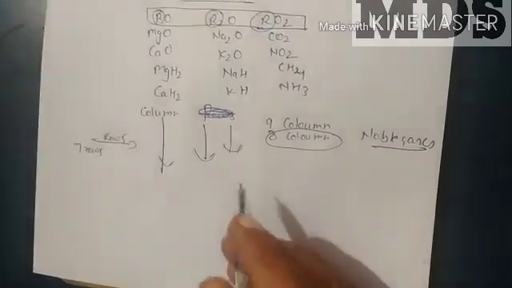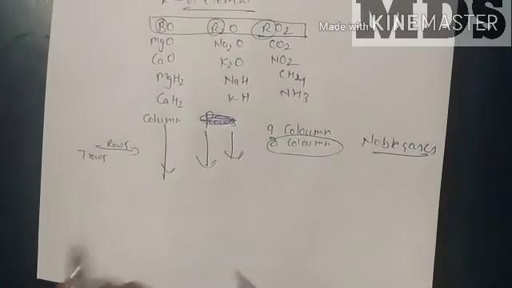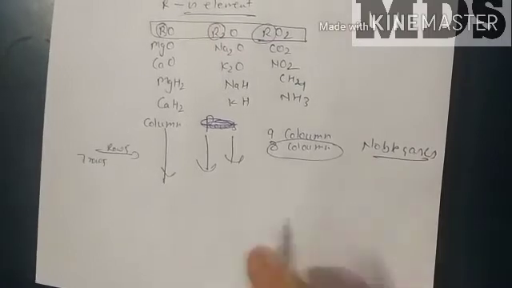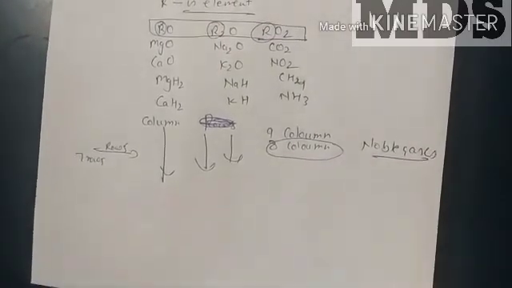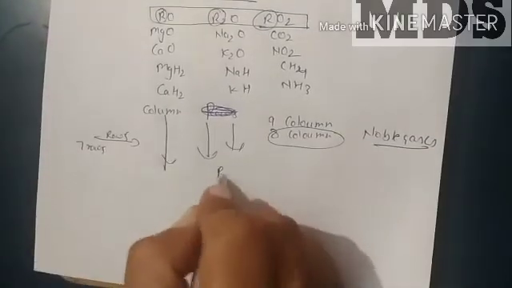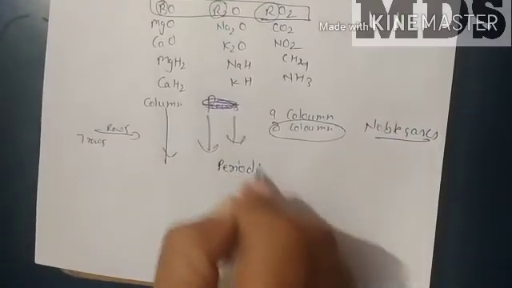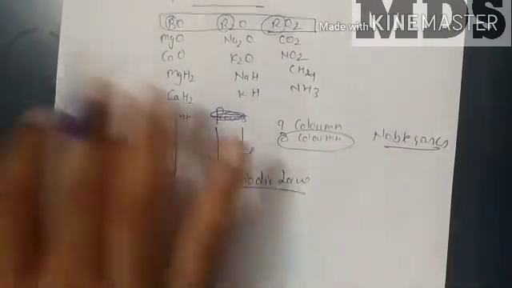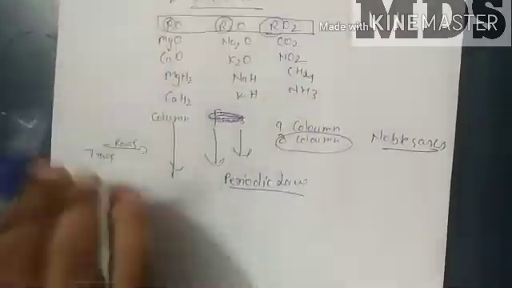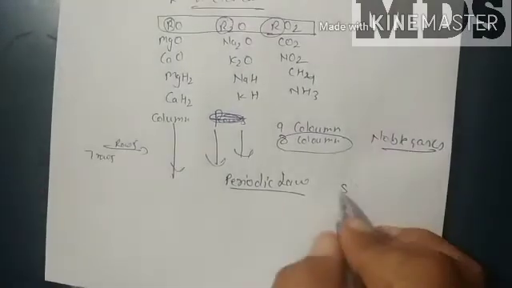Then what did he find? He found that the properties automatically get repeating after some time. So that's why he formed the periodic law. This is known as the periodic law. He formed the periodic law after studying the properties, after arranging or doing the classification. And what does the periodic law state?